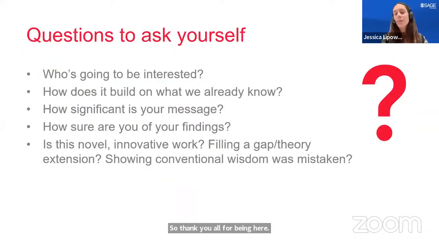As you've probably already been asking yourself, before you even get started and as you conduct your research, it's important to think about who is going to be interested in the work that you're doing. How does it build on what we already know in your field? How significant or novel is your message? Have you focused on your data collection and your findings?